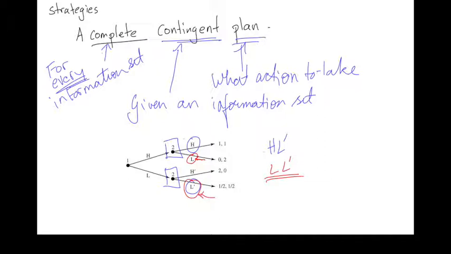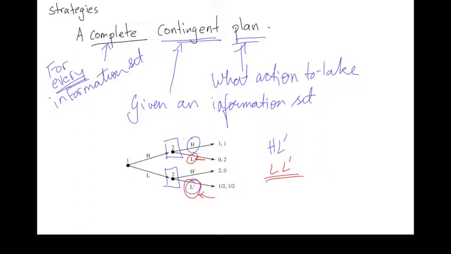So how many distinct strategies does player two have? Well, there are two distinct actions that he can take at the top information set, and there are two distinct actions he can take at the bottom information set. So in total, there are then four distinct strategies.